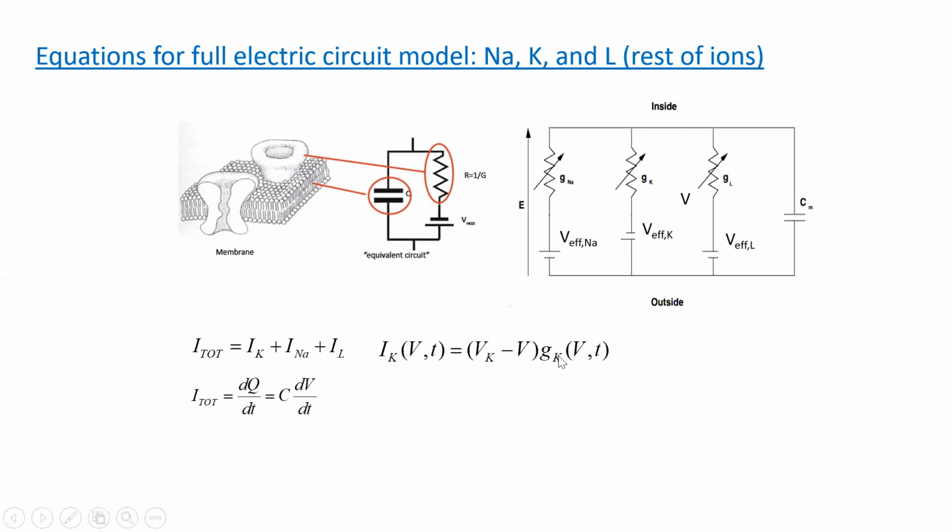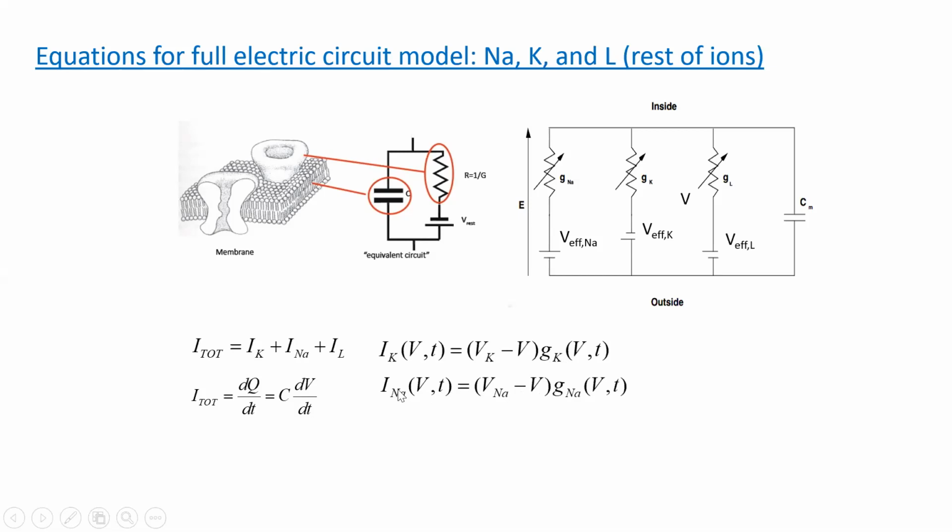And the conductivity of potassium depends, again, on the membrane potential because the gates open and close, as we saw in the previous slide, where the potassium channel opened and closed depending on which side of the membrane was positive. And then this reproduces our equation from the last slide.